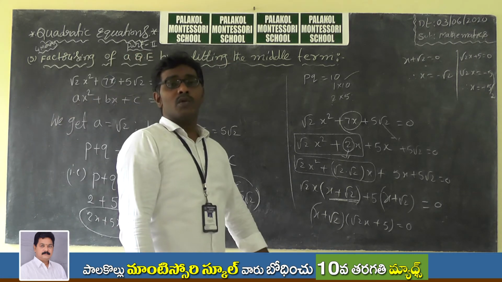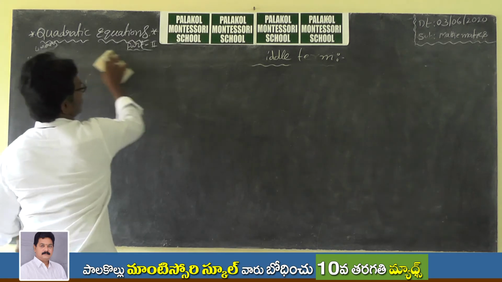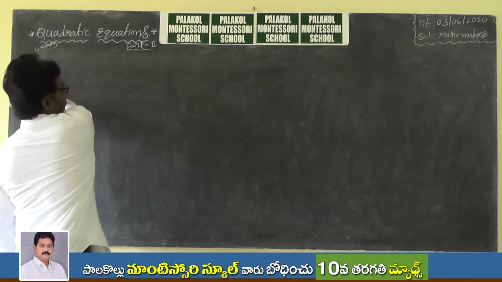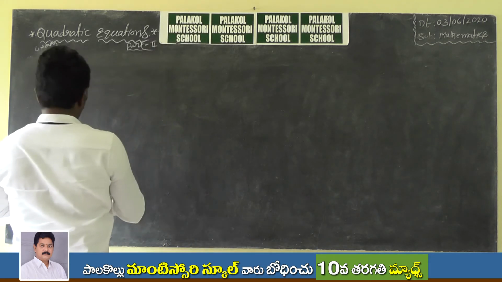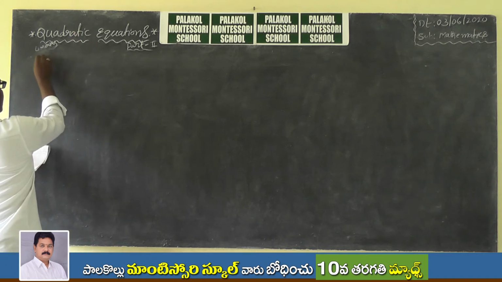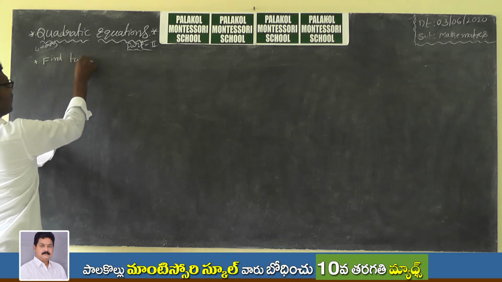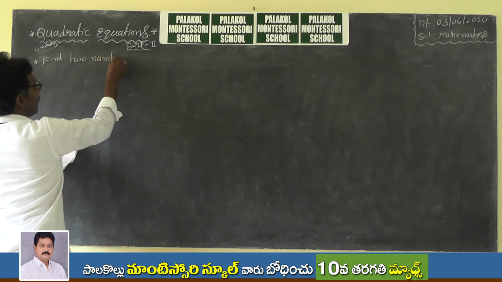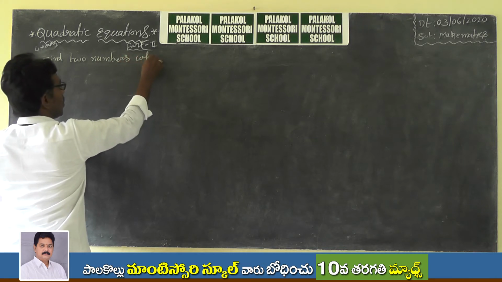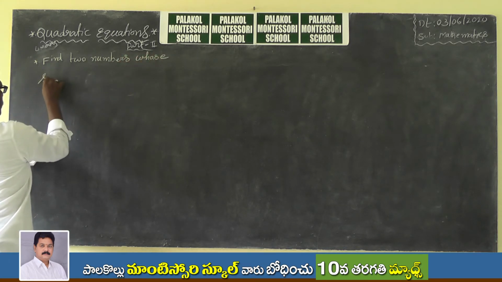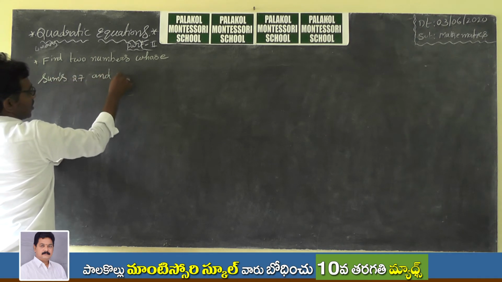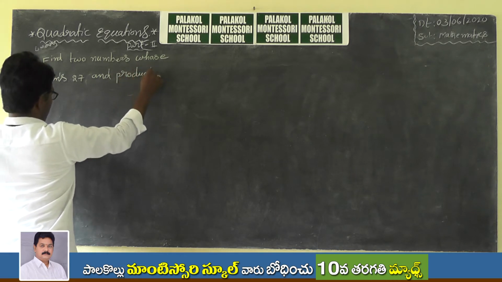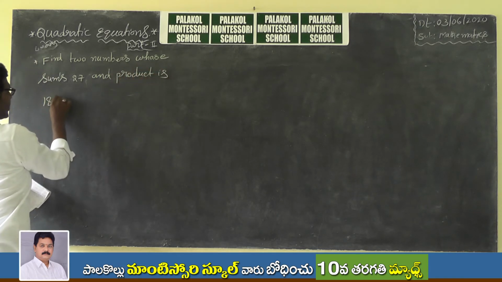Okay, now I give you one sum to write. Very very important: find two numbers whose sum is 27 and product is 182.